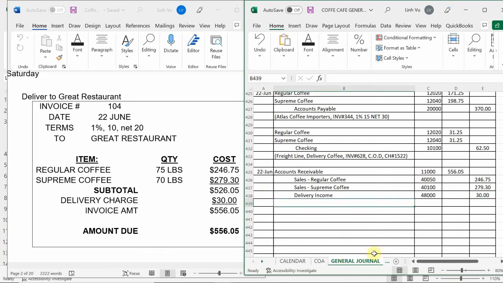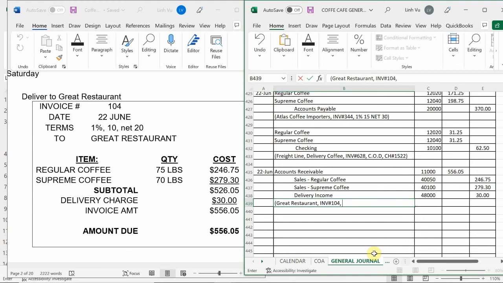Okay. What did you deliver to? Great Restaurant. Proof of a transaction: the invoice number of 104.